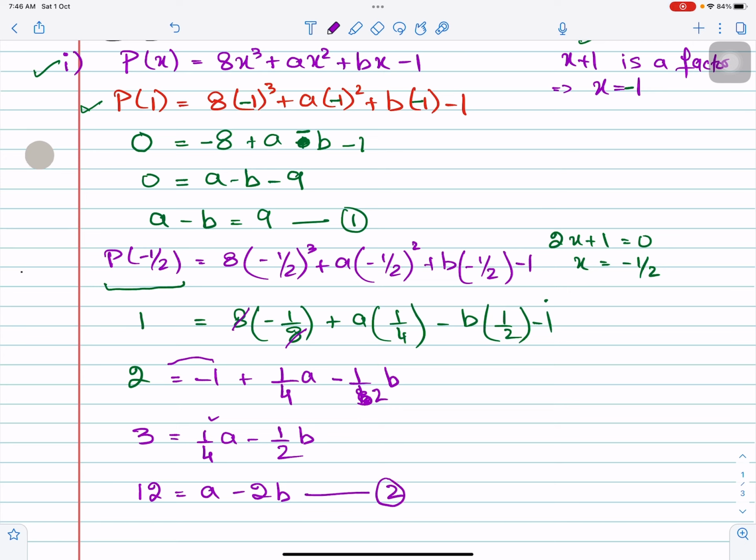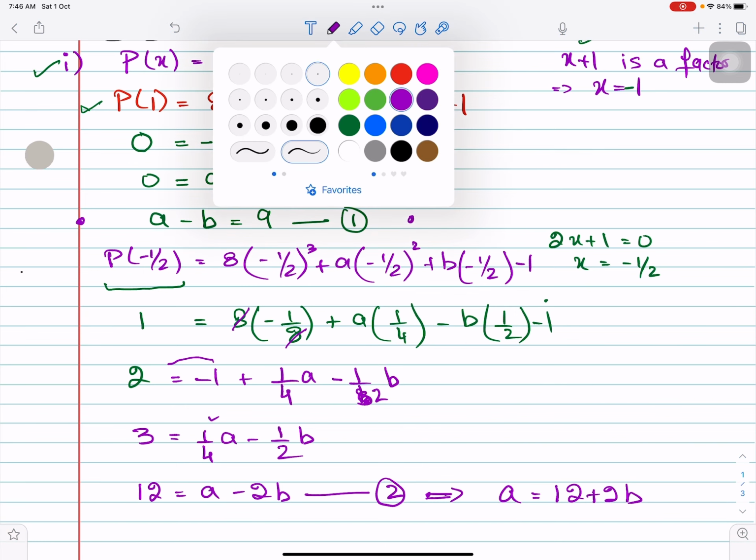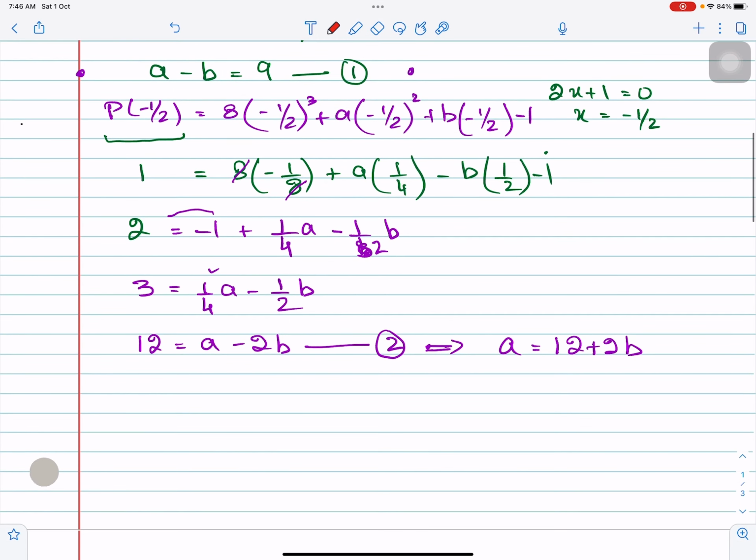Now if I solve equation 1 and equation 2 simultaneously, I will get the values of a and b. From equation 2, a is equal to 12 plus 2b. Now I will plug this value of a into equation 1, which is a minus b equals 9.